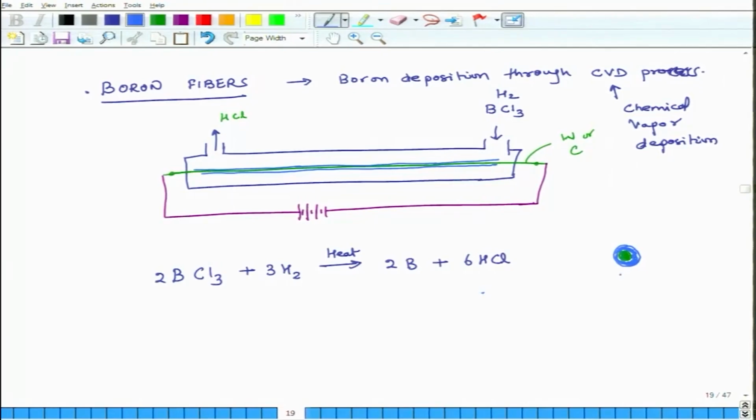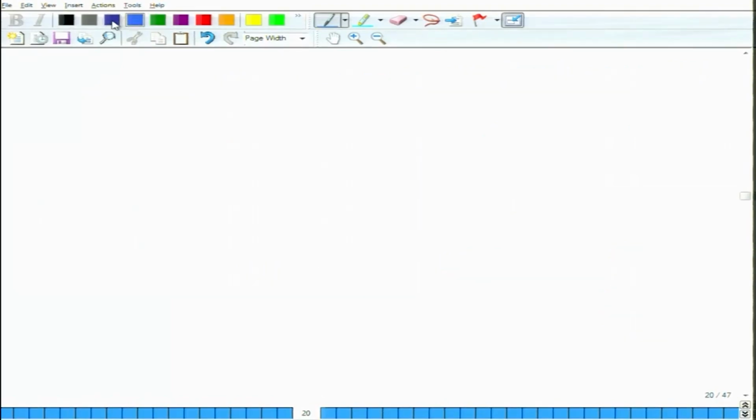So, in that sense, this wire is itself a composite. You can make these wires in different diameters, the cores. So, based on the core size, the diameter of the wire can be dictated.